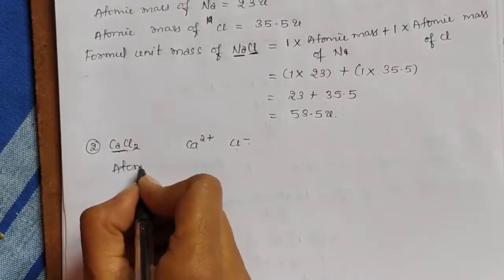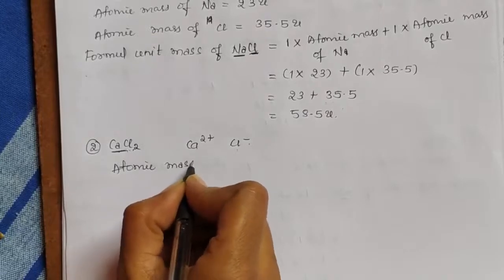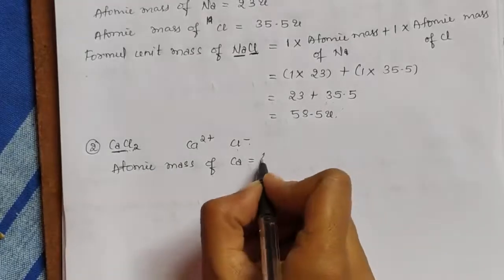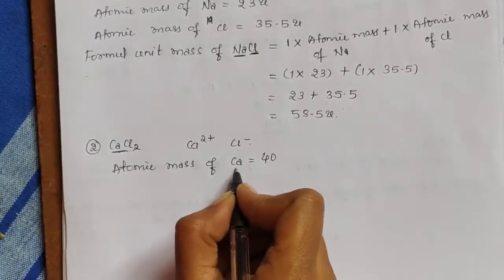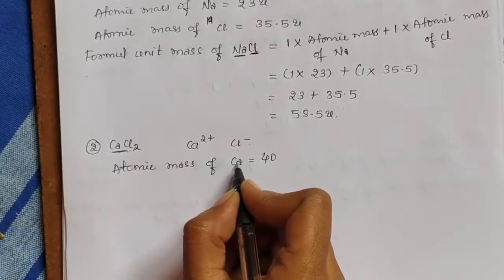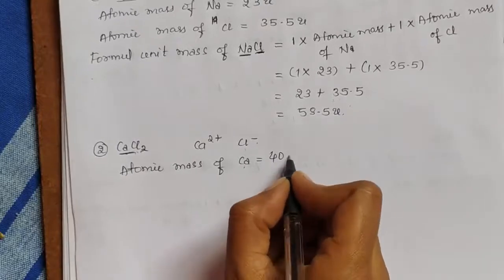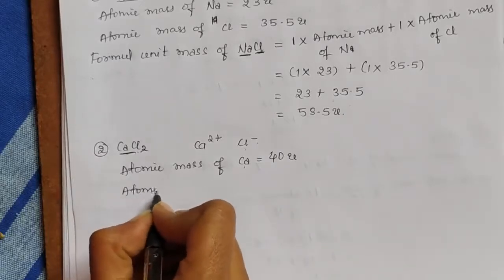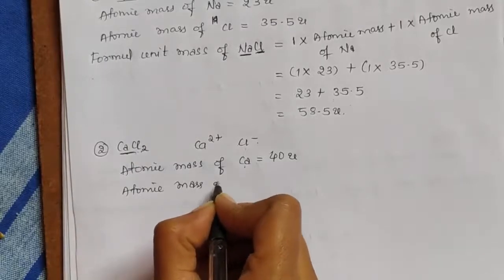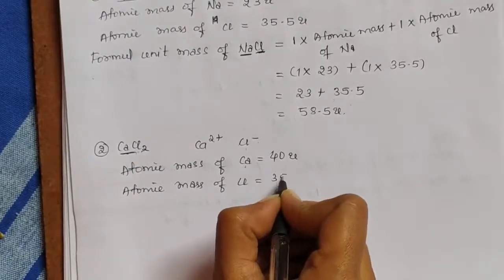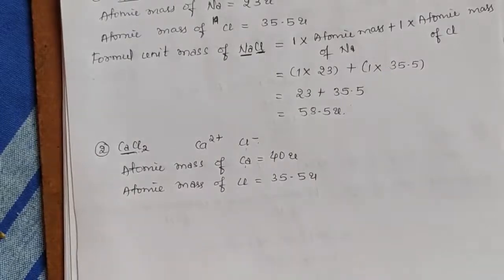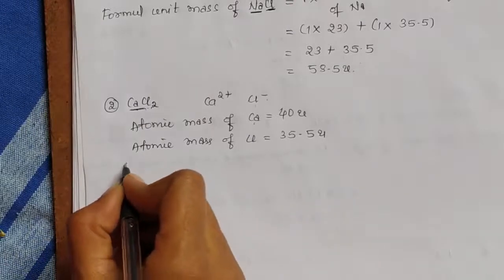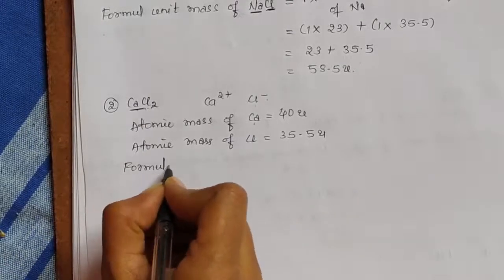So, atomic mass of calcium is 40. Actually, the atomic number of calcium is 20. So, it's double. Atomic mass is double the atomic number. So, 40 atomic mass unit. Atomic mass of chlorine is 35.5 atomic mass unit.